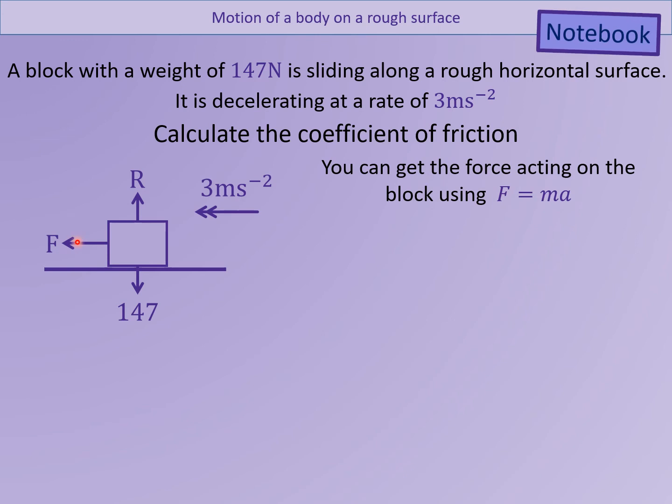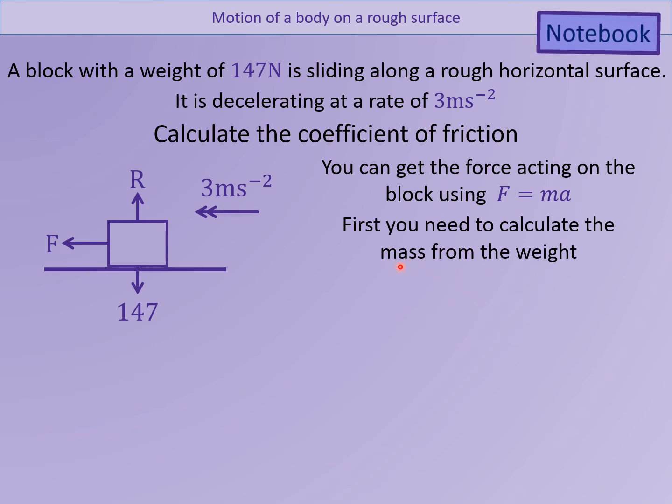Now in this case, the only force acting on it is the friction, capital F. So we need to calculate the mass though. It's no good trying to just put 147 in there because that's not the mass. But we can calculate the mass because we know that 147 is the mg. So a little bit of rearranging, 147 divided by g will tell us what the mass is.